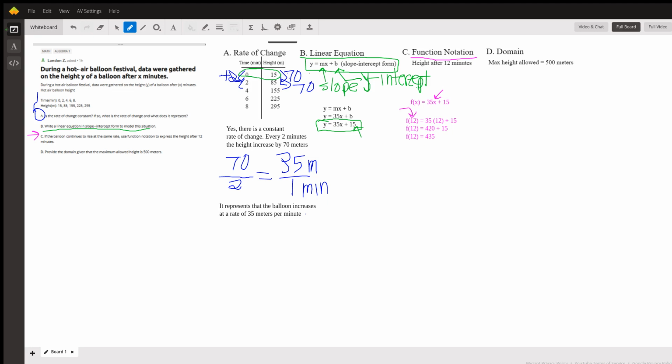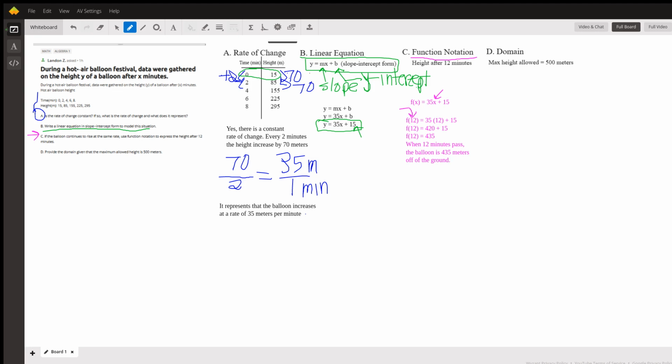And so in plain English, that means when 12 minutes pass, the balloon is 435 meters off of the ground. Okay, so you have to be able to interpret that and what that means. That is the answer to part C. Express the height after 12 minutes. So the height is 435 meters.